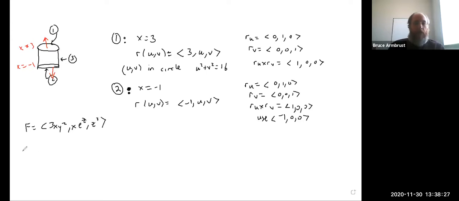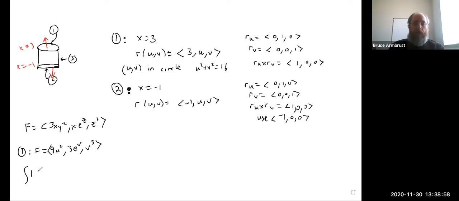So for surface number 1, with that parameterization, the flux is now going to be 9u squared, 3e to the v cubed. So I'm putting in 3 for x, u for y, v for z.